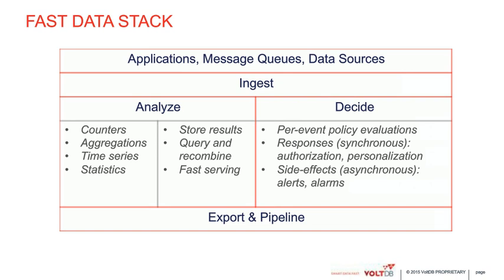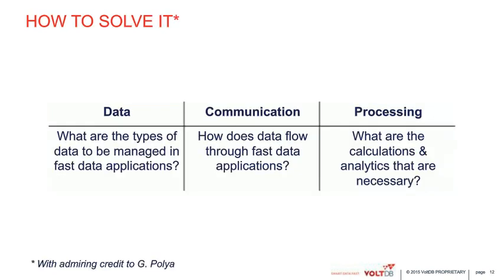How do we think about the type of technology that might address these different needs? There's really three different ways that I've thought of to look at this problem, and I'm sure there's many more. I'd love to hear other people's thoughts and questions around this. When I look at this problem space, I really see three different avenues that we can use to examine it. We can think about it first from a data-centric point of view. What are the types of data that need to be managed by this fast data platform or fast data stack?